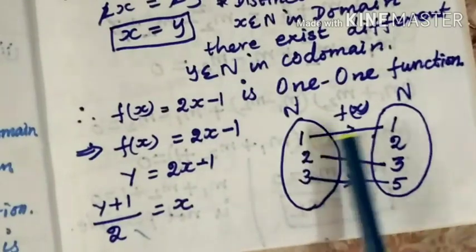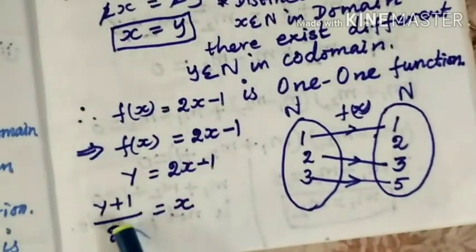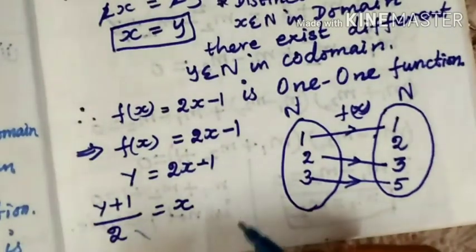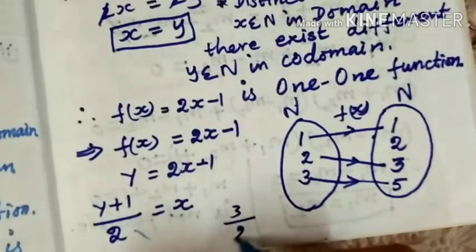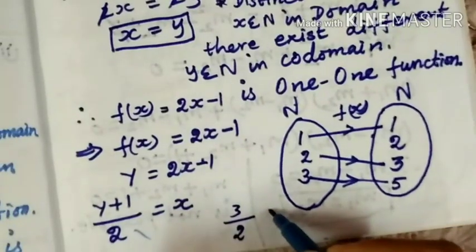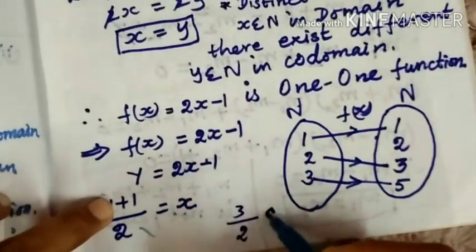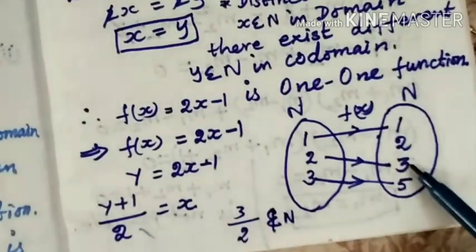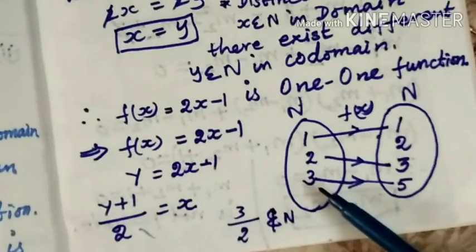Then 1 has a pre-image 1. Then next I will take 2: 2 plus 1 by 2 we get 3 by 2. 3 by 2 does not belong to natural numbers. Therefore, 2 has no pre-image.